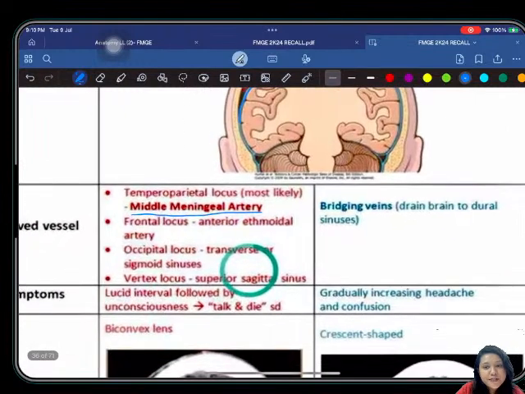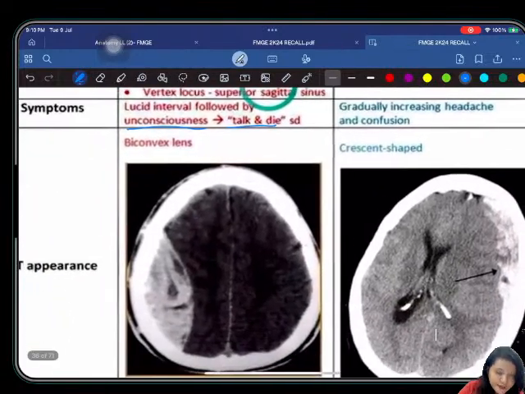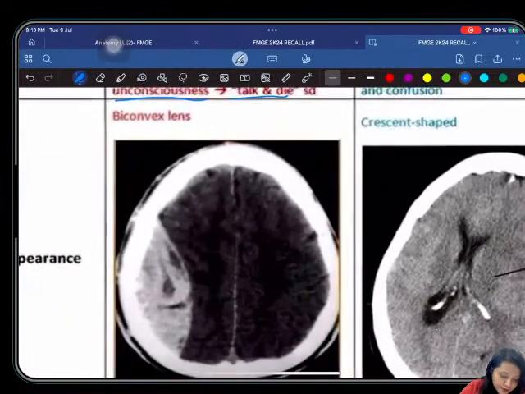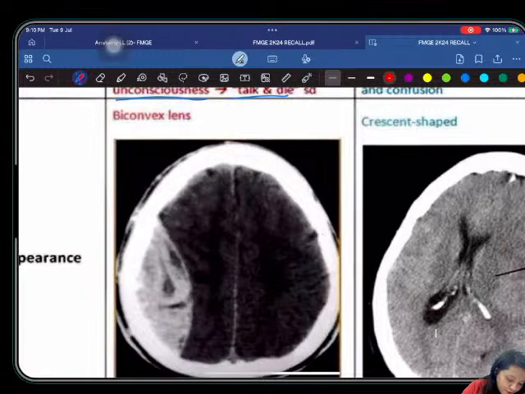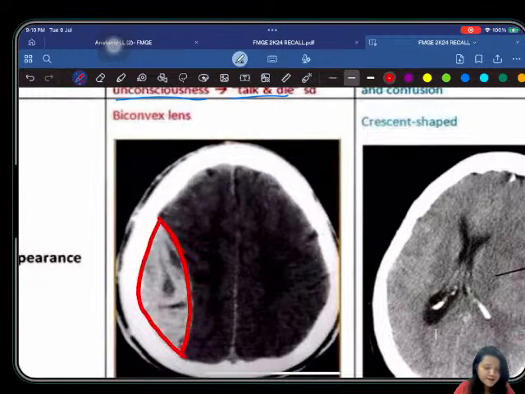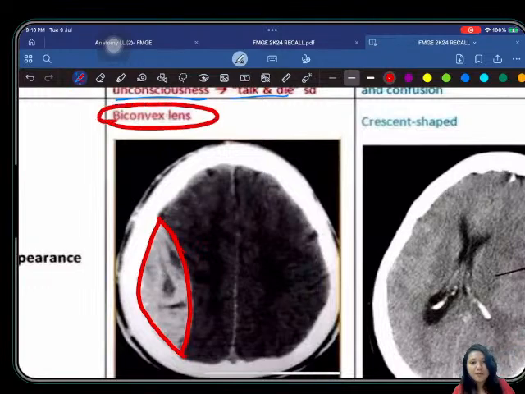There will be a lucid interval followed by unconsciousness. You know what a lucid interval is; it will be followed by unconsciousness, then talk or die. And in the CT scan, in the extradural hematoma, you will see a biconvex, lens-like structure.